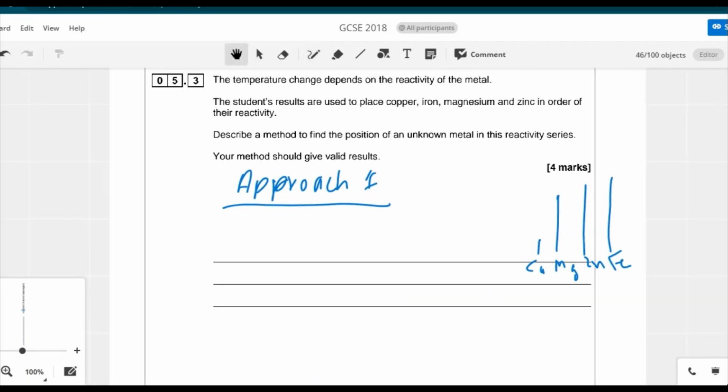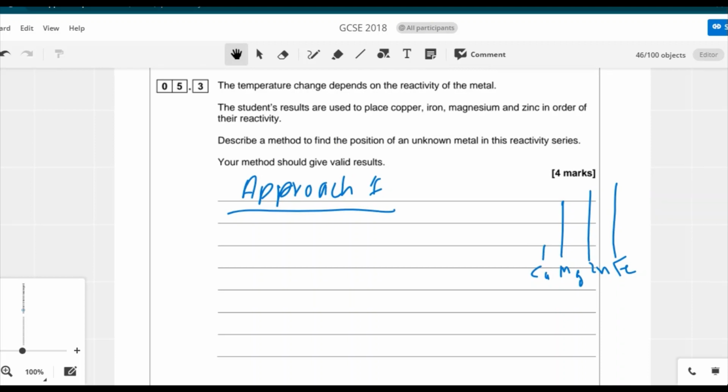So here we need to find the position of an unknown metal in the reactivity series. So first of all, we need to add the unknown metal to copper sulfate. For example, X we are going to add in copper sulfate solution.